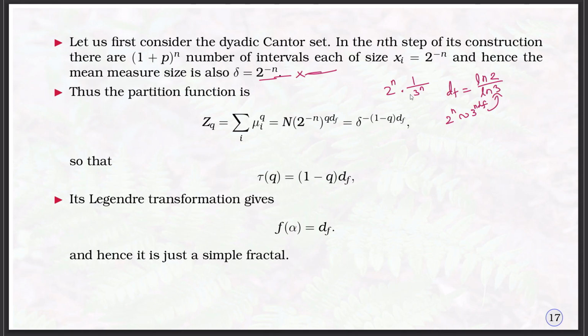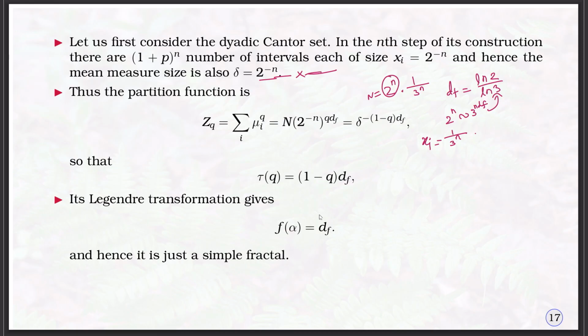In each interval xi, as we already defined, the length is 1 by 3 power n, for i equal to 1 to N, where N equals 2 power n. If we apply the partition function here, the number of intervals times 2 power minus n q df gives delta equal to minus 1 minus q df, so that tau of q is 1 minus q df.